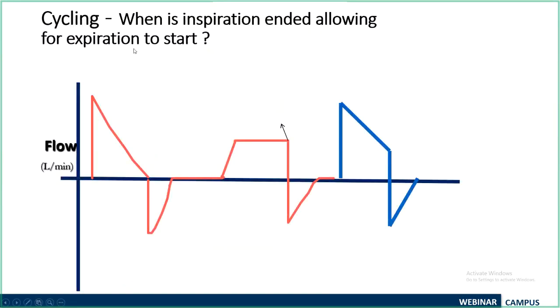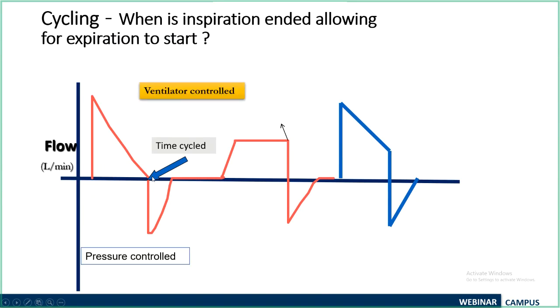Now I've already told the cycling, when the inspiration is ending and the expiration starts. So this is the time cycle. If you are keeping a respiratory rate of 10, the total will be 6 seconds from this point to this point. And if you keep an I:E ratio of 1:1, at 3 seconds the inspiration will end and it will move on to the expiration.